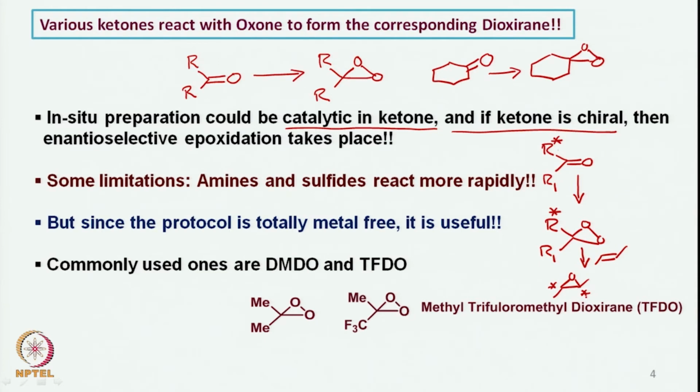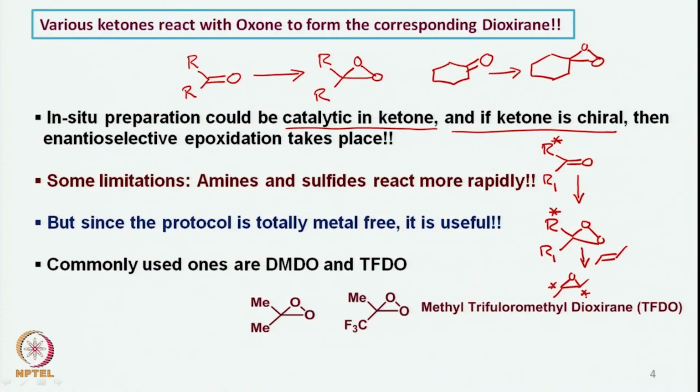Therefore it is nice to see that after the transfer of the oxygen to the double bond, when the epoxide forms, the ketone, which in this present case will be chiral, can be recovered and reused during the in situ process. In situ means inside the reaction; it will keep on generating the chiral dioxirane.